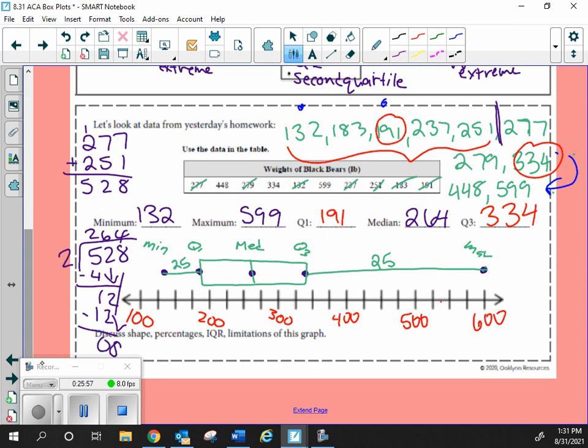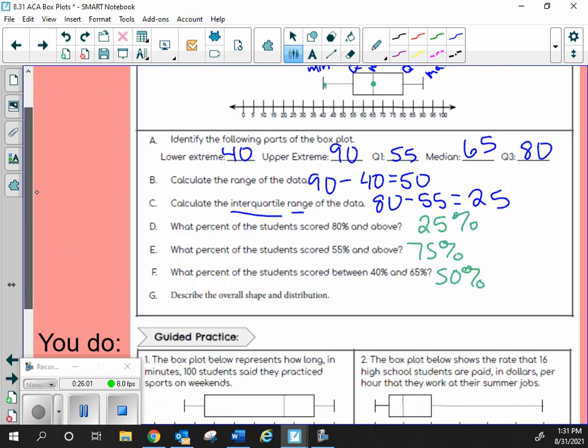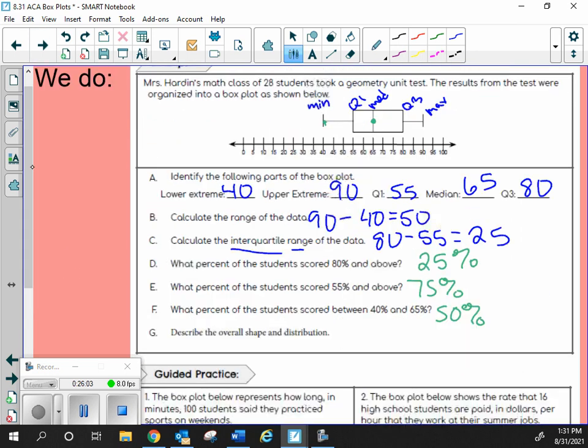Is that one symmetrical? No. Okay, this one's close enough. We're going to say mostly symmetrical. Amelia, what about it? We're just going to say it's close enough. We tried our best.